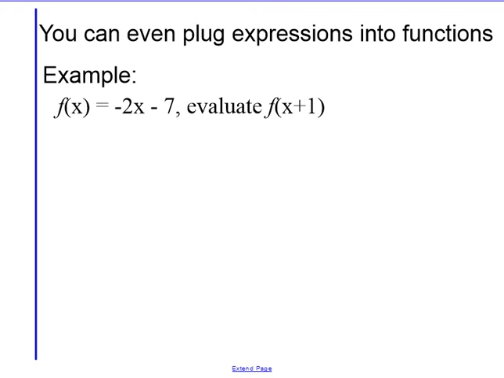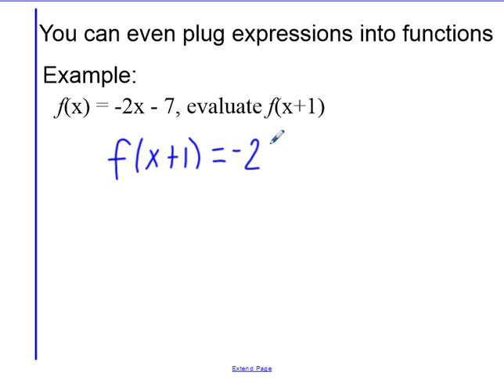So we have this f of x equals negative 2x minus 7. And we want to replace the x in that function with x plus 1. So f of x plus 1 is going to be equal to, now this is what's going to happen.